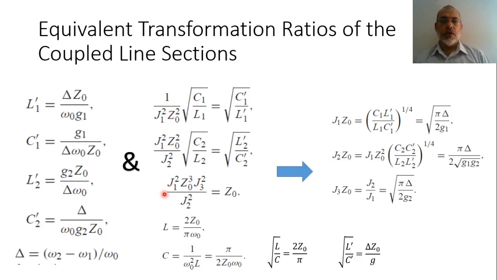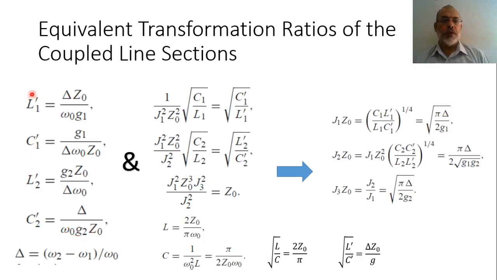In addition, we know that the values of the filter prototype can be obtained in terms of the values of the low pass filter prototype G1 and G2, as L1 dash is given by delta Z0 over omega naught G1, C1 dash equals G1 over delta omega naught Z0, L2 dash equals G2 Z0 over delta omega naught, and C2 dash equals delta over omega naught G2 Z0.